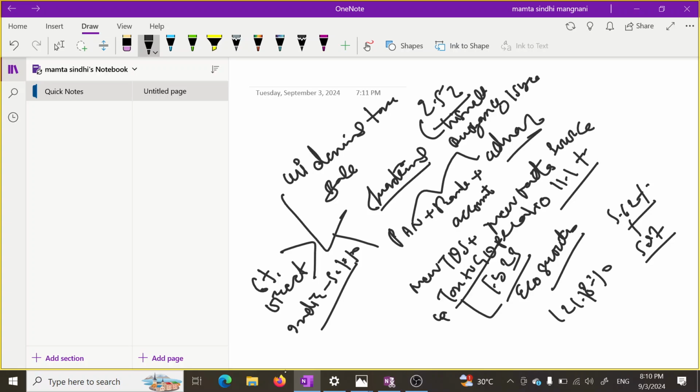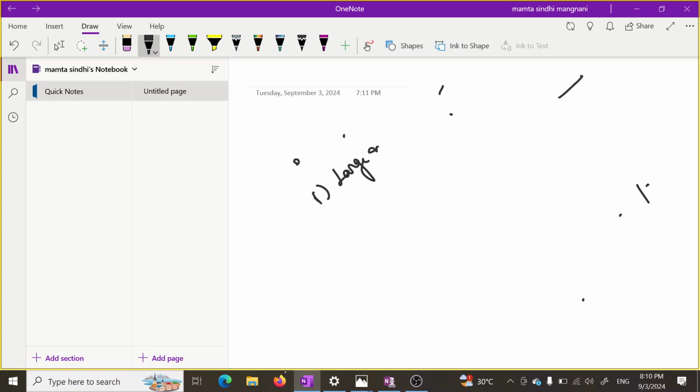Now, the reasons for the low tax base. Why do we not have a good tax base? What kinds of reasons are there? First is the large informal sector.